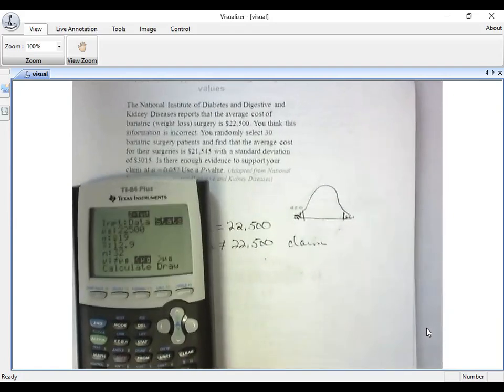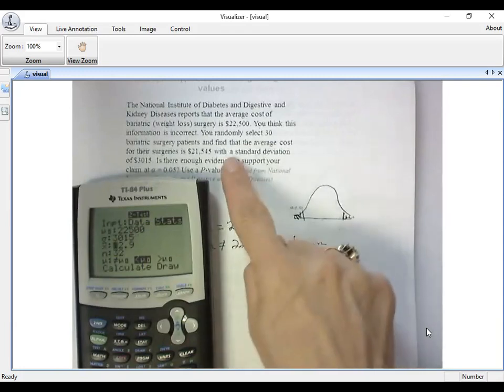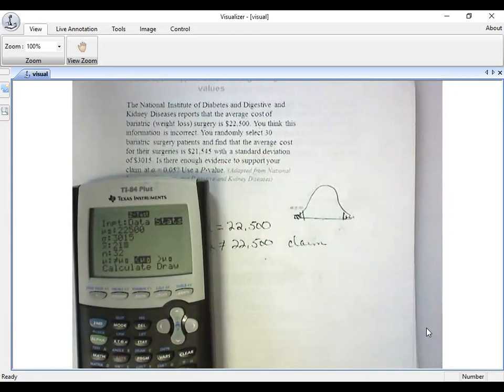Okay, so what would we put in for sigma? 3,015. What would be the X bar? There you go. That would be the average cost in the sample, which was 21,545. And you said there's how many in the sample? 30. Okay, and what kind of test is it? First one, two-tailed. Very good.